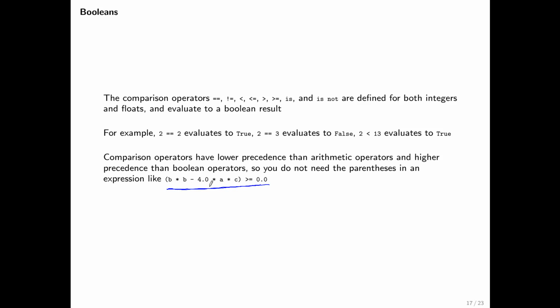We have arithmetic operations and the comparison operator, but arithmetic comes before comparison, which is what we are saying here. So all this stuff is going to be evaluated first and then compared with 0 using this comparison operator. So here we really don't need the parentheses, and we can entirely rely on the precedence rules. But it's often a good idea to put parentheses just for clarity. So it makes it very clear that you want this thing to happen before the comparison. All right?